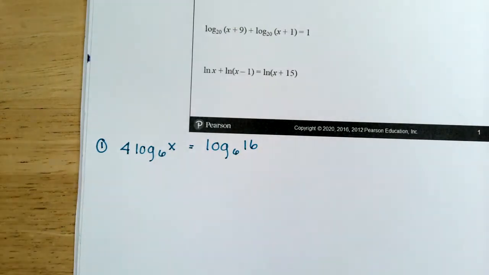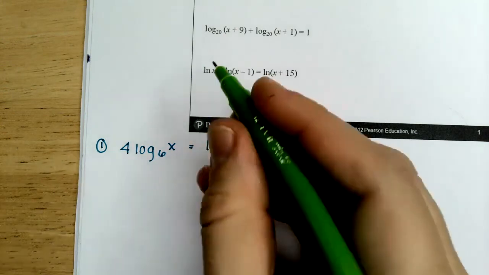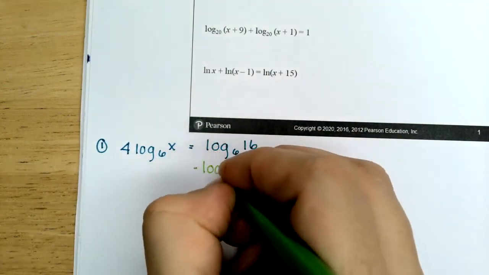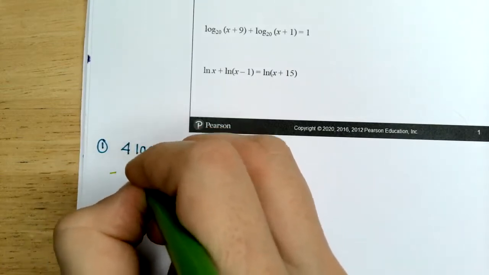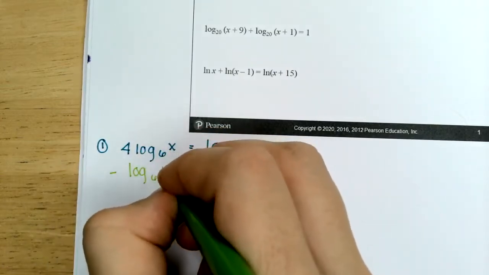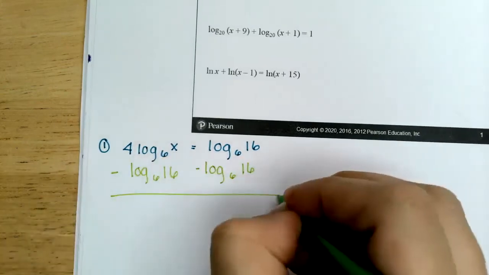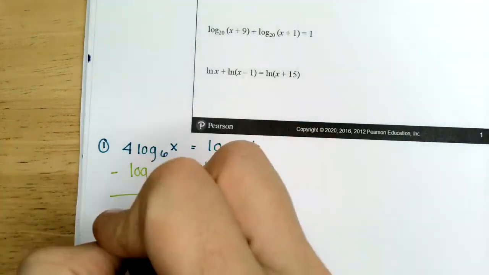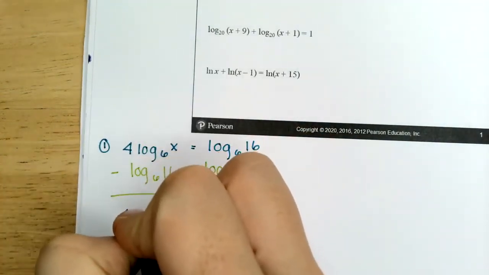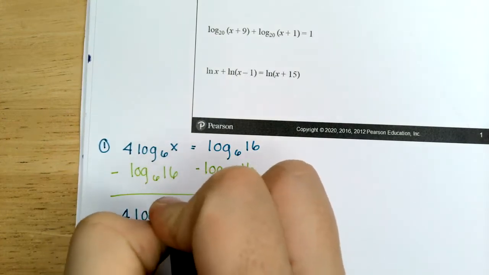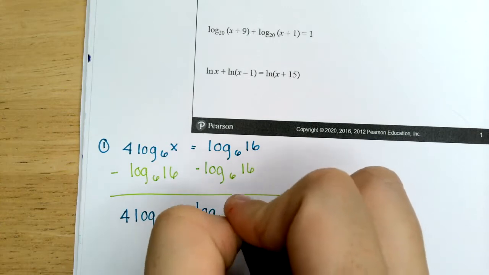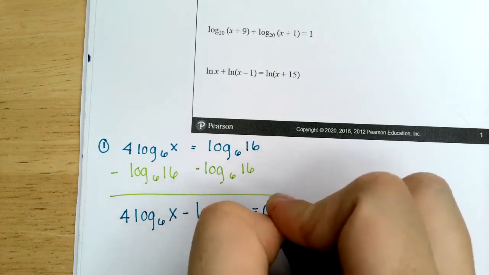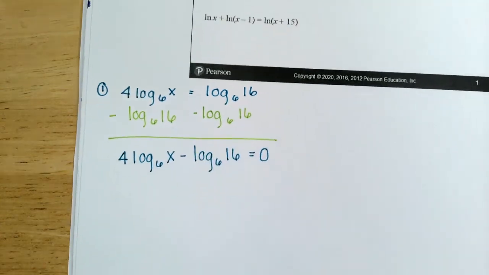So I'm just going to subtract this from either side. Now I have 4 log base 6 of x minus log base 6 of 16 equals 0.